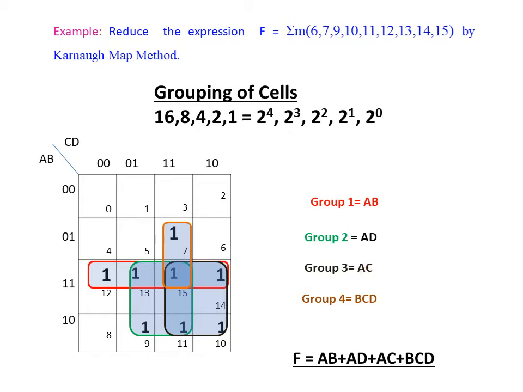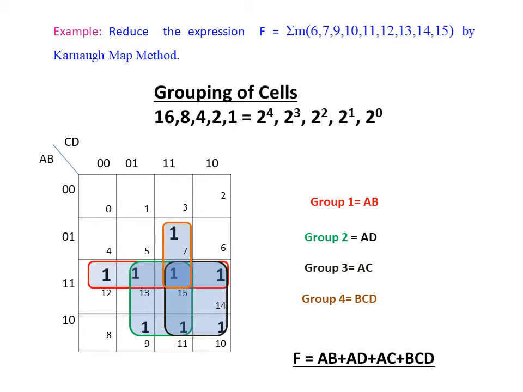So when grouping 4 ones, 2 variables are eliminated in each min term. Because it's a 4 variable map, 4 variables should be there, but we are reducing to 2 variables by grouping 4 ones. Now we will see the answer for the 2 cell grouping. These two are grouped.